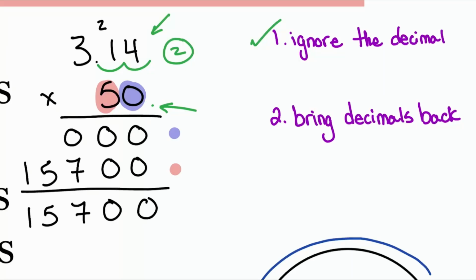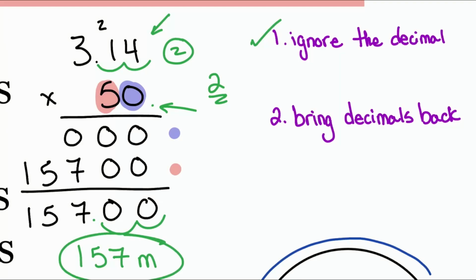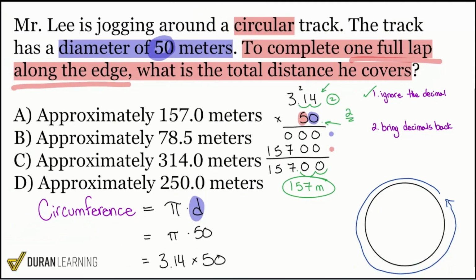So again, it's going to be a total of 2. 1, 2, giving us a total distance around that lap, that circular track, as 157 meters. And that's what makes the correct answer here, A, approximately 157 meters.